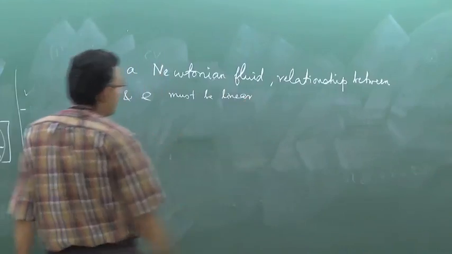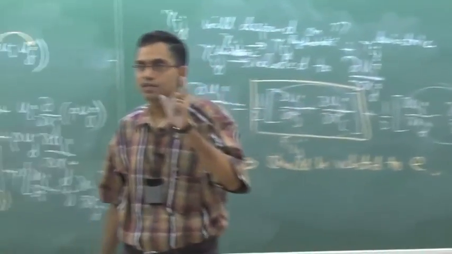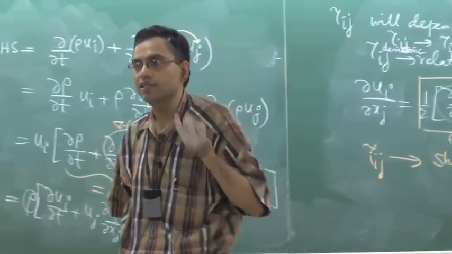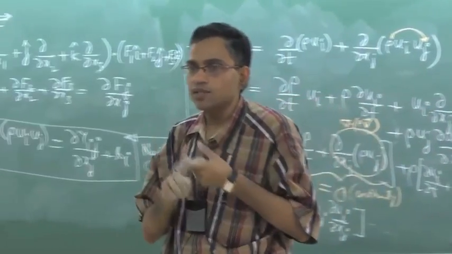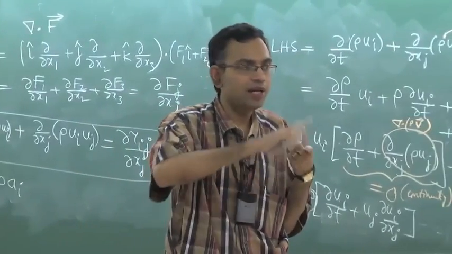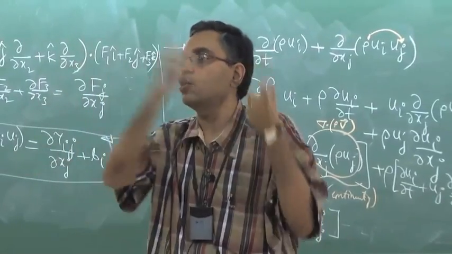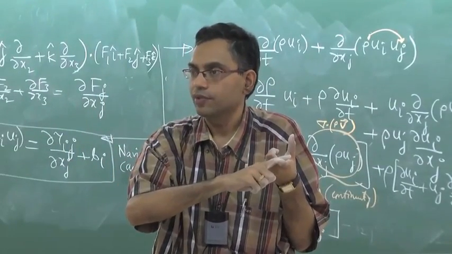So what do we mean by a linear relationship? Tau is a second order tensor. E is also a second order tensor. So you must find out what is a linear mapping that maps a second order tensor onto a second order tensor, right?